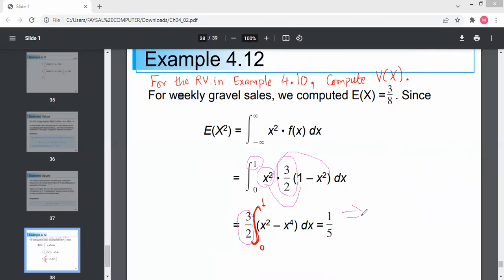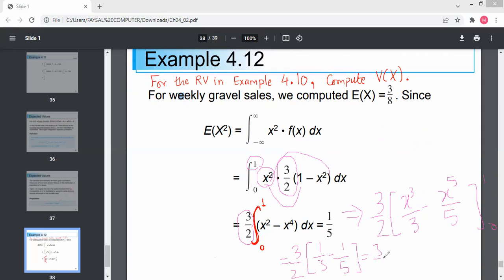So I have to integrate here: 3 upon 2 with the integration, it will be x cube divided by 3 minus x to the power 5 divided by 5, with upper limit 1 and lower limit 0. So 3 upon 2 into 1 upon 3 minus 1 upon 5.